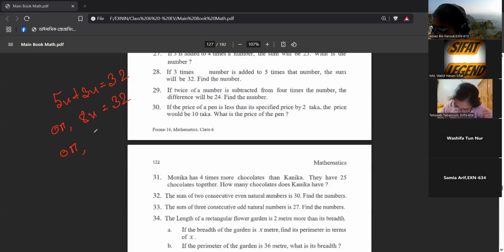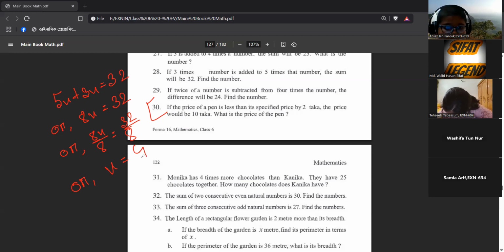Or 8x divided by 8 equals 32 divided by 8. Yes, dividing both sides by 8. Yes, that's what you write on the side note. And then x equals 4. Okay. Good job. See, this is how I want you guys to answer. She was really very elaborate and very clear about her answers. That was an ideal way to answer.